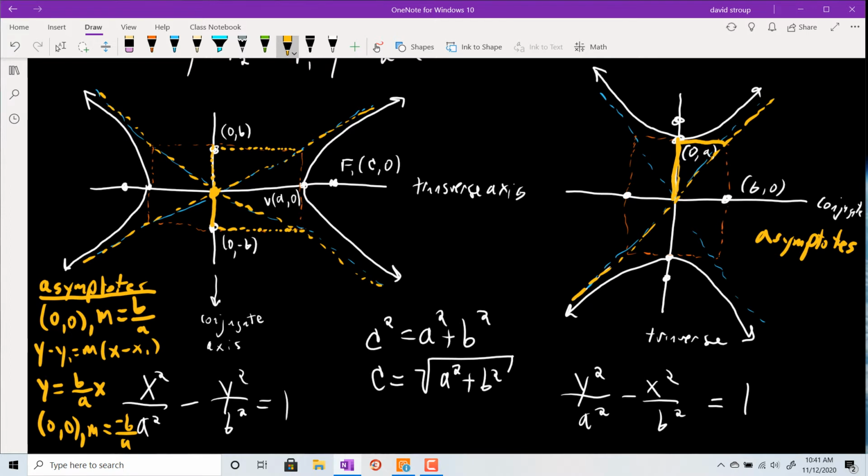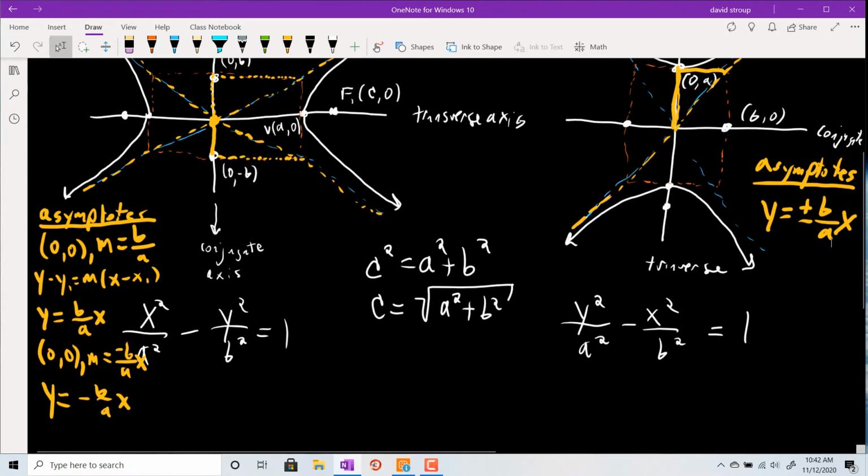So it's just the reciprocal of the other slope. At the end of the day, you get two asymptotes, again, y equals plus or minus a over b x. I think I forgot an x over here, so I'm going to write over that, sorry. Okay.